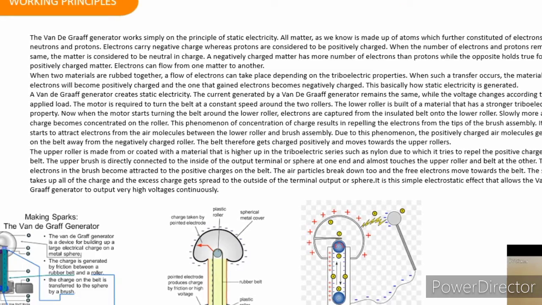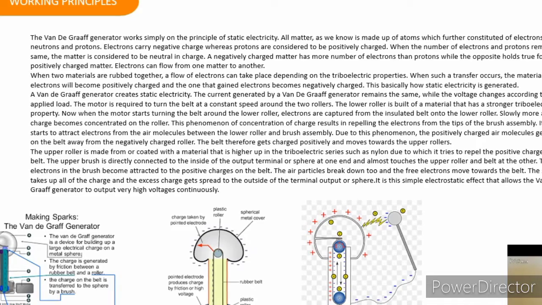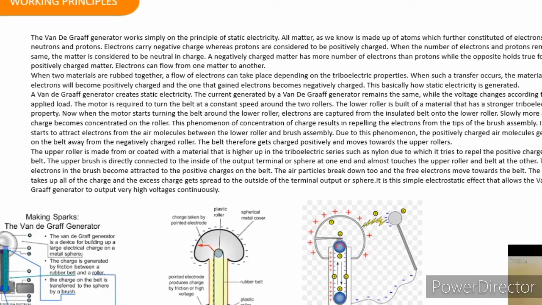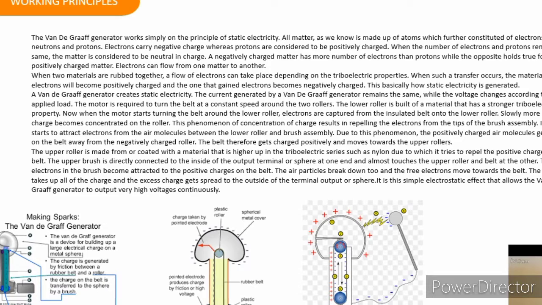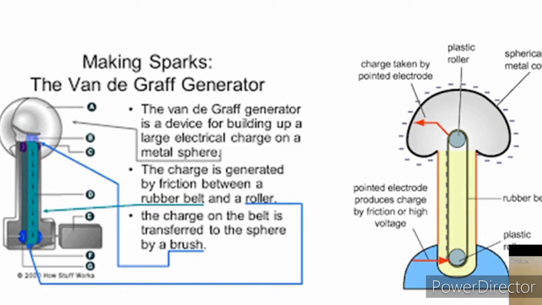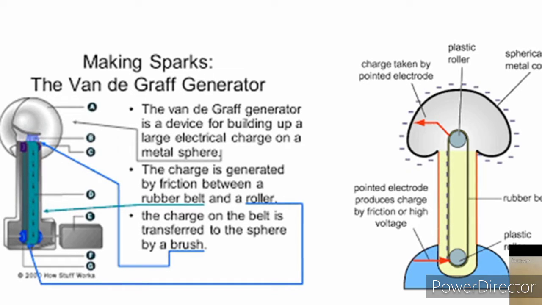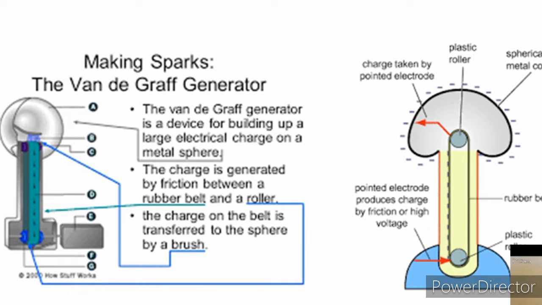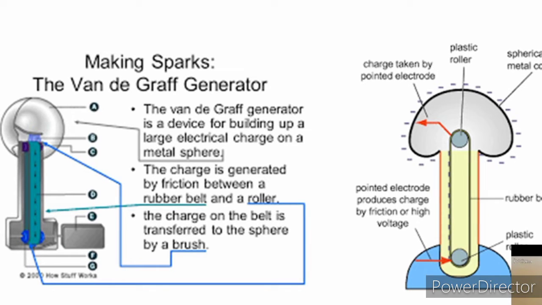Now let's look at the picture to understand. I will explain what happens, what I talked about regarding how the electrons and protons behave. Here you can see sparks made by the Van de Graaff generator.